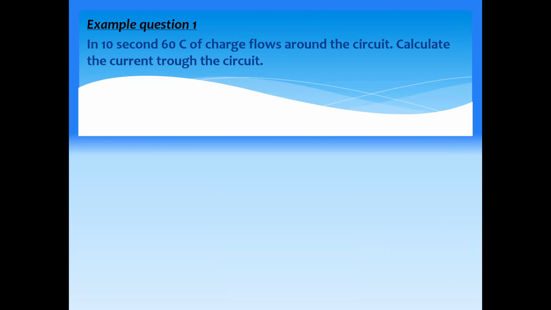Coulomb is a unit of charge, so 60 coulomb is the charge, and 10 seconds is the time. To find the current, current is charge divided by time. The total charge is 60 and the total time is 10. So 60 divided by 10, we get 6 ampere, or 6 coulomb every second.